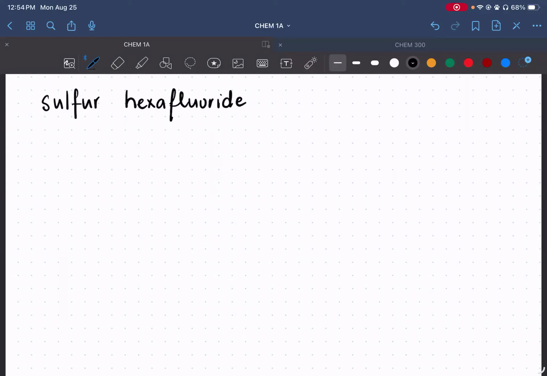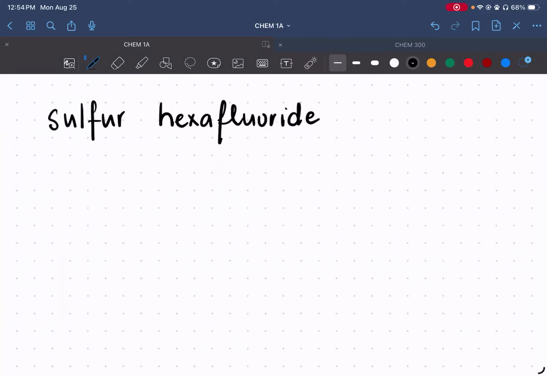The beauty of covalent compounds needing that mono di tri stuff is that everything you need to know is in the name. There is nothing written before the sulfur, so what's it assumed to be? Mono. Right in front of the fluoride is a hexa, which is 6. So I can very quickly say this is SF6.